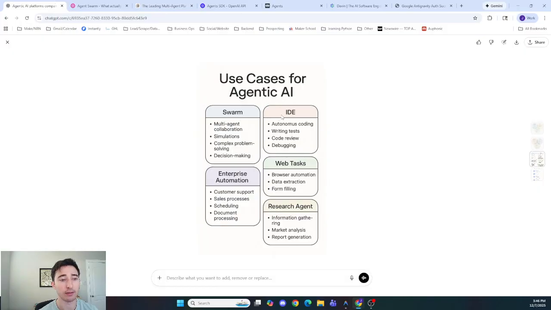And then we have our IDE, which is an integrated development environment. A lot of you guys probably aren't super familiar with this. That's going to be like VS Studio, Cursor, and Anti-Gravity. An IDE is going to be a lot of coding based. So you basically build an agent inside of this IDE platform that's going to be able to run these codes all together for a singular purpose.